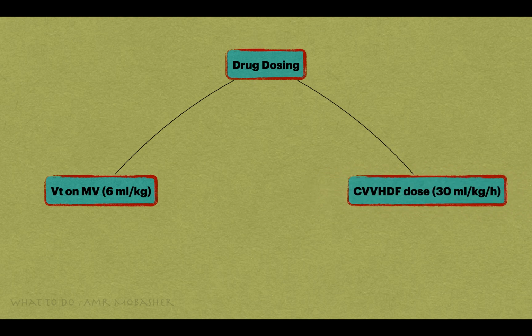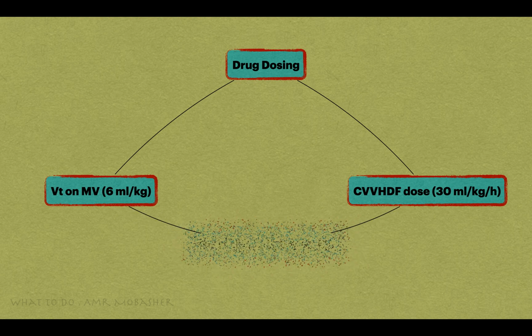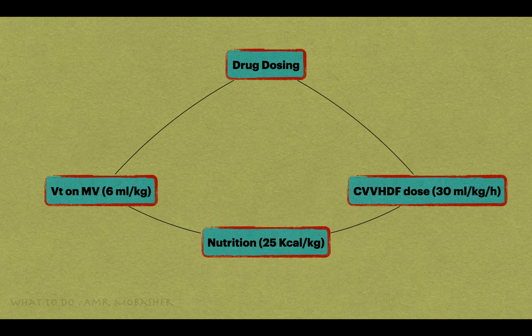Third question, the dialysis dose, CVVH dose, 30 ml per kg per hour. Should I use his total body weight here? Last question, the nutrition dose, which is 25 kilocalories per kg. Should I use his actual or total body weight here?